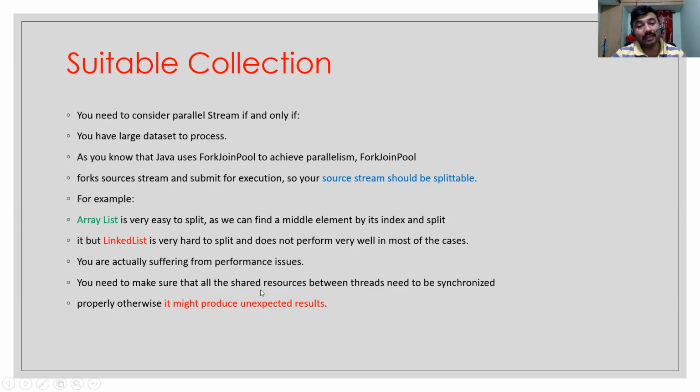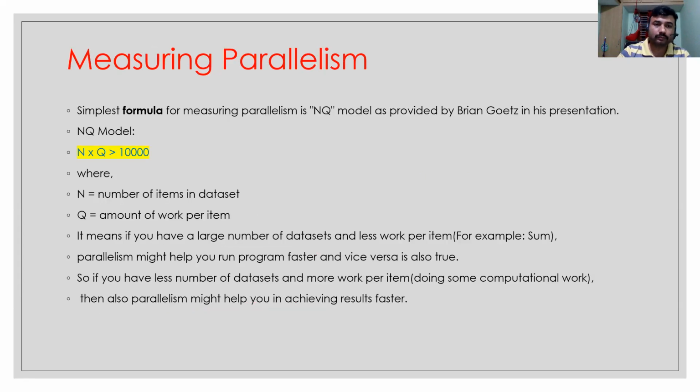Otherwise, it might produce unexpected results. Instead of giving 10, if you are giving 20 or 100, then it will be a problem. So make sure it is synchronized when there is a common resource.